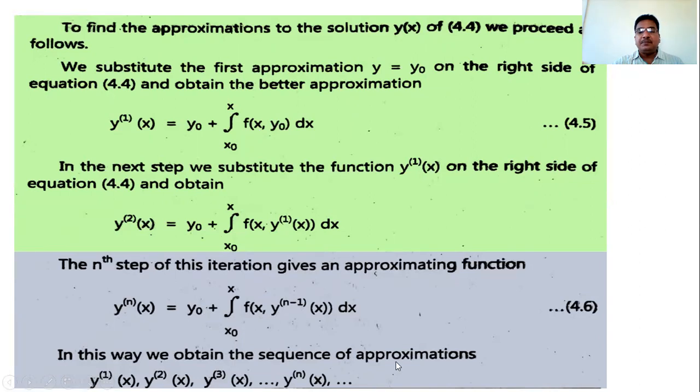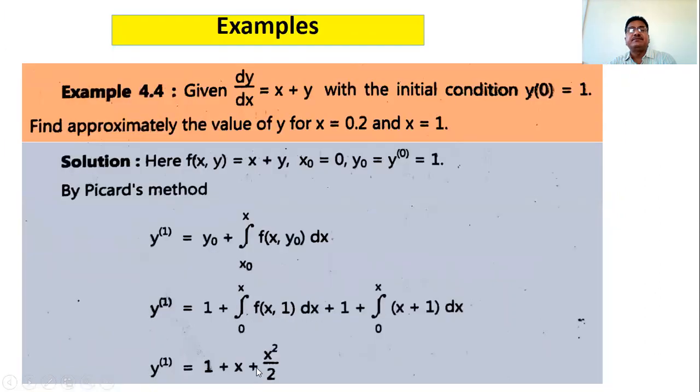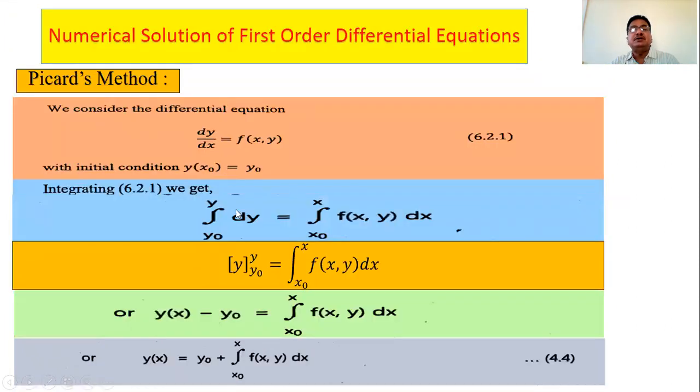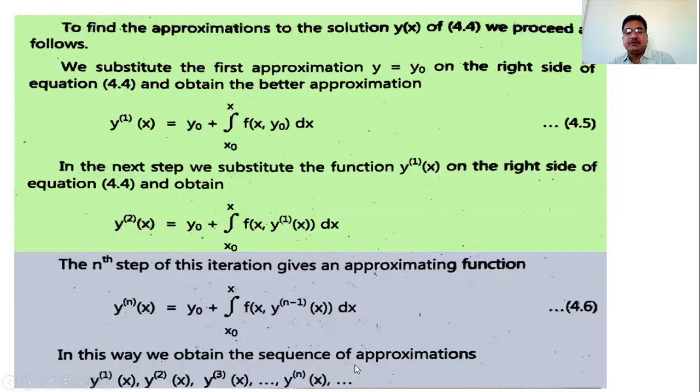In this way we obtain the sequence of approximations y1(x), y2(x), y3(x), yn(x), finding up to, suppose, y3(x) or y4(x). The final approximation is the approximate solution of the given differential equation, that is yn(x). This n depends on the problem.